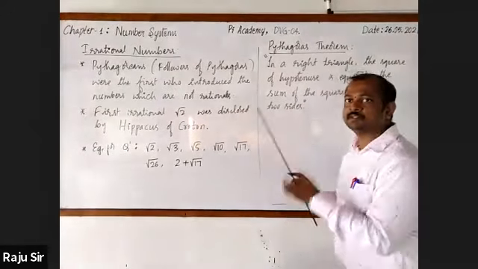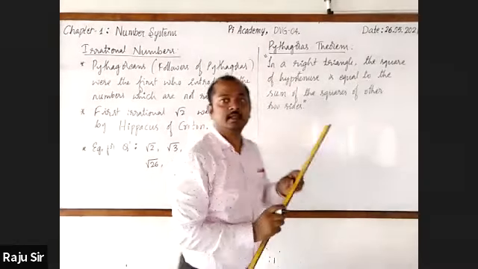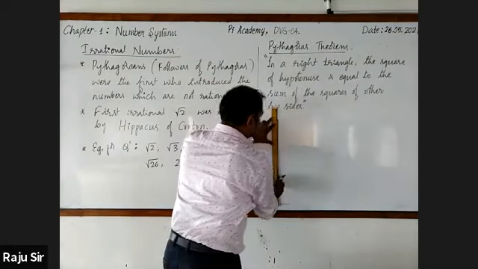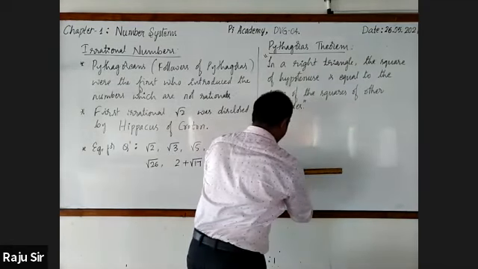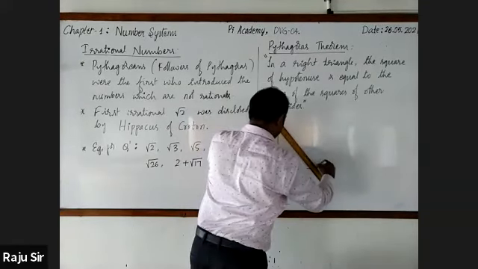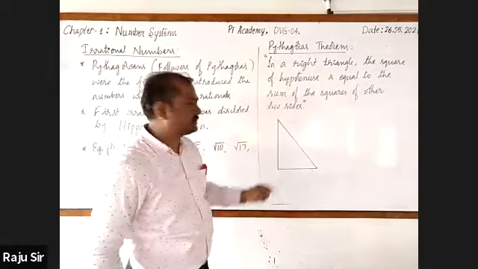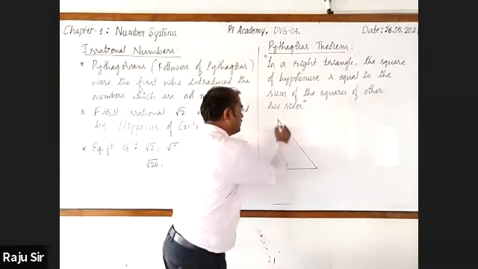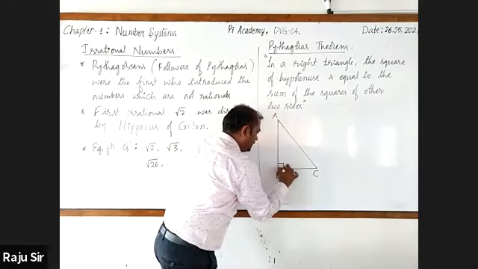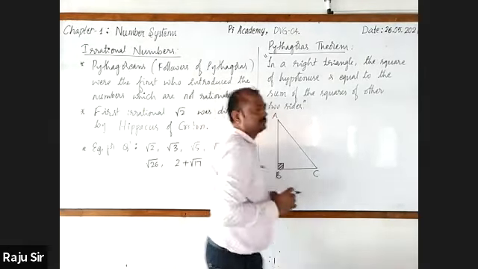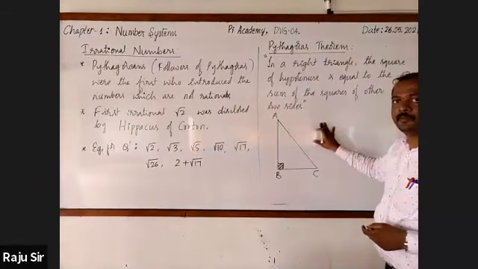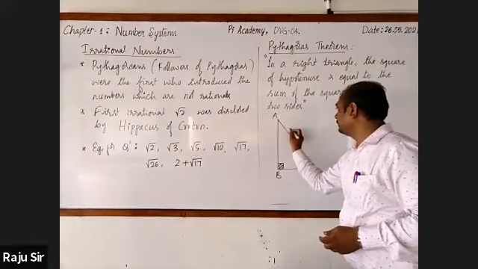Please take scale and pencil and draw a right angle triangle. Let's draw it. Draw this right angle triangle and name it as ABC. Here, angle B is 90 degrees. And here you may write this is hypotenuse.